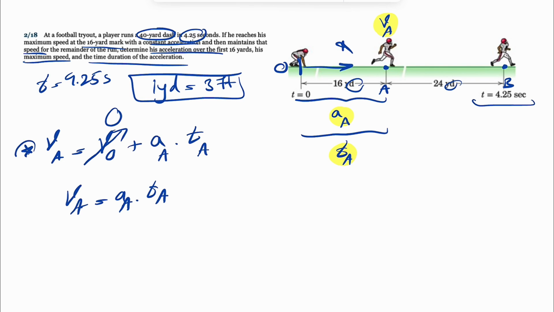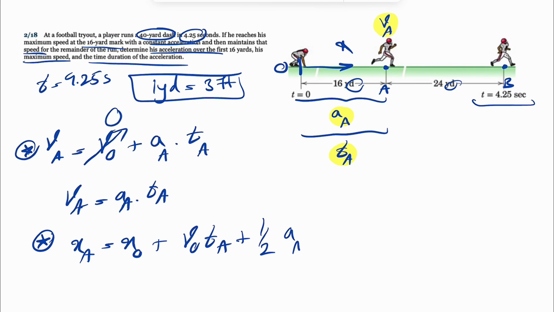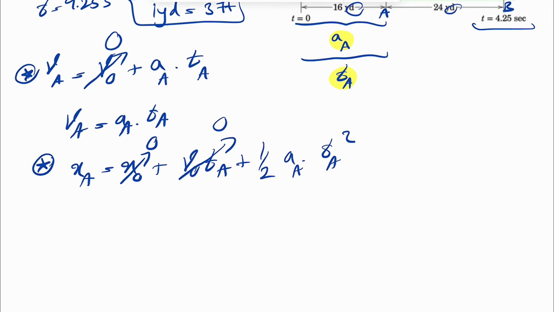Another equation we can use is the distance equation. We know XA is equal to x0 plus v0 times TA plus 1/2 of AA times TA squared. Again, the initial velocity is 0, and x0 is 0 because we put our origin right here. So when it reaches 16 yards at A, 16 times 3 to get it in feet, is equal to 1/2 of AA times TA squared.